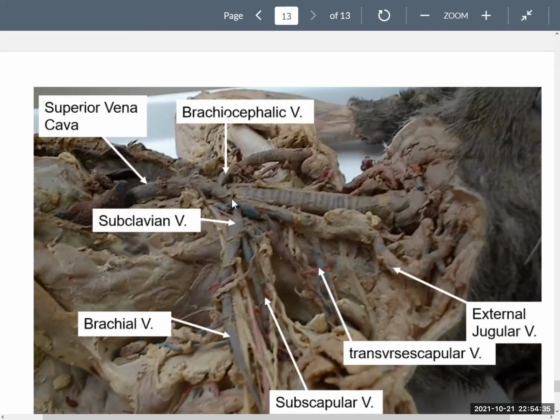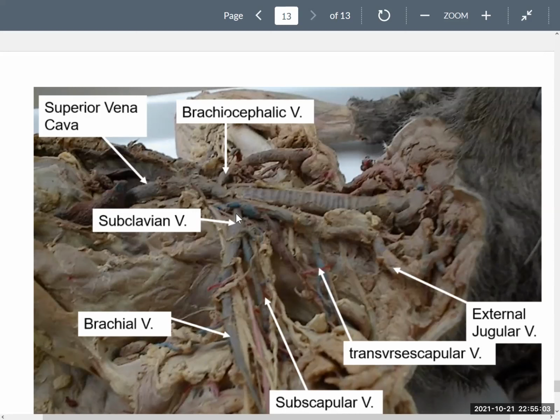We come across, here's the external jugular. This cat does not show an internal jugular. So here's the external jugular. Here is the transverse scapular. Here's the subclavian until we get to the subscapular.